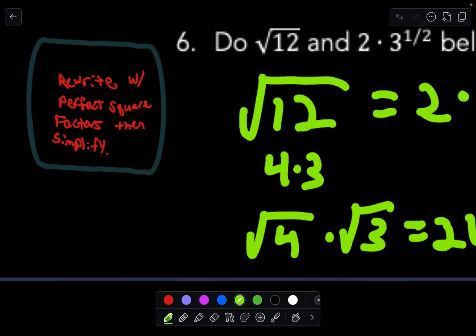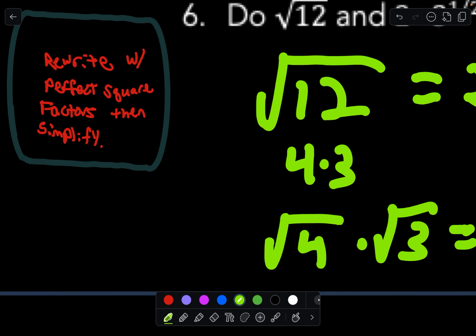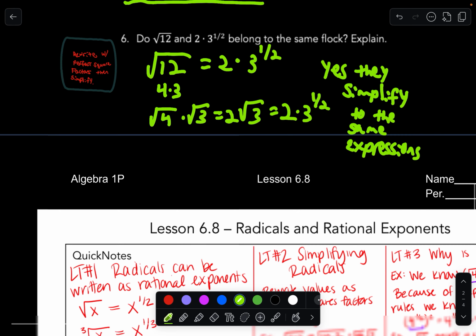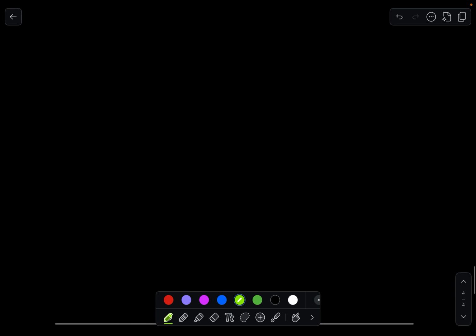So, if you're simplifying square roots, rewrite with perfect square factors, then simplify. All right? So let's go down and let's say I gave you this. What is the square root of 128?